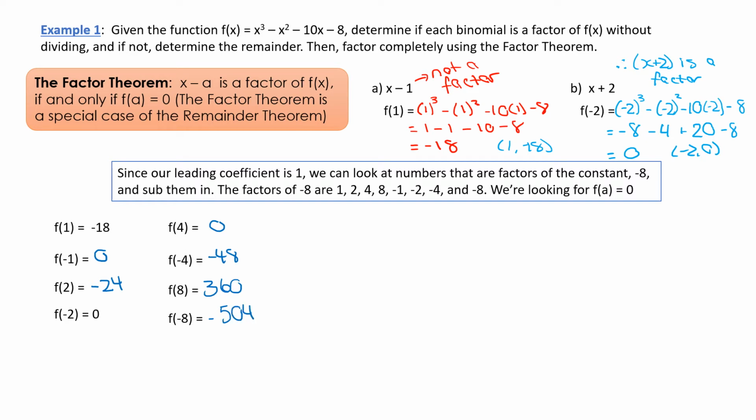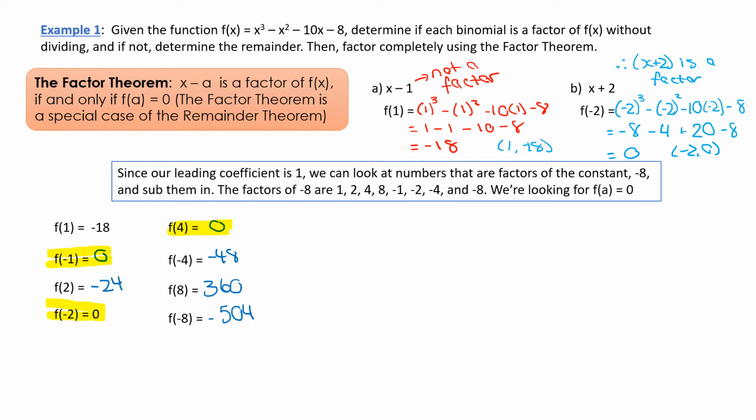So the question told us to factor completely using the factor theorem. So here are our factors. Let me highlight them here. This is using the factor theorem, this gives me a 0. I'll write out the factors in a second here. So these are our 3 values that worked, which means, from that, let's look at our first one.